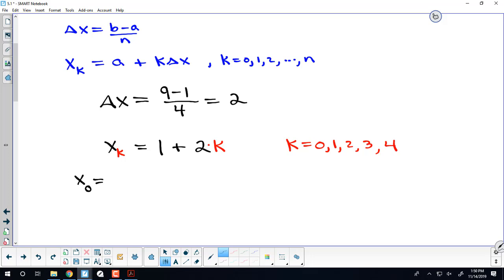So we have x sub 0, our first grid point. X sub 0 is 1 plus 2 times 0, which is 1. Keep going here.